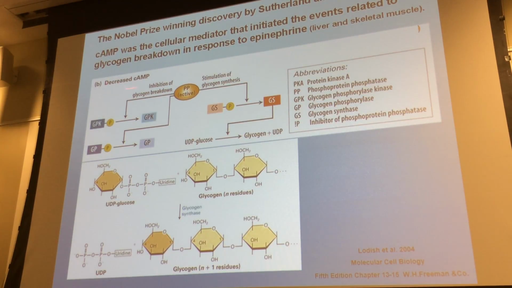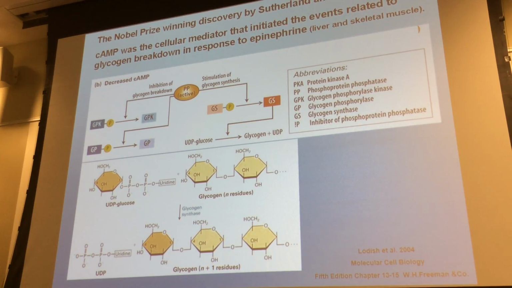Okay, so what we can do is, if we've got decreased cyclic AMP, epinephrine's not around, let's say glucagon is not around, we've just had a nice meal, we ate ice cream, we had lots of sugar, now we're going to want to store. So what we do is, at this point we have a phosphatase.